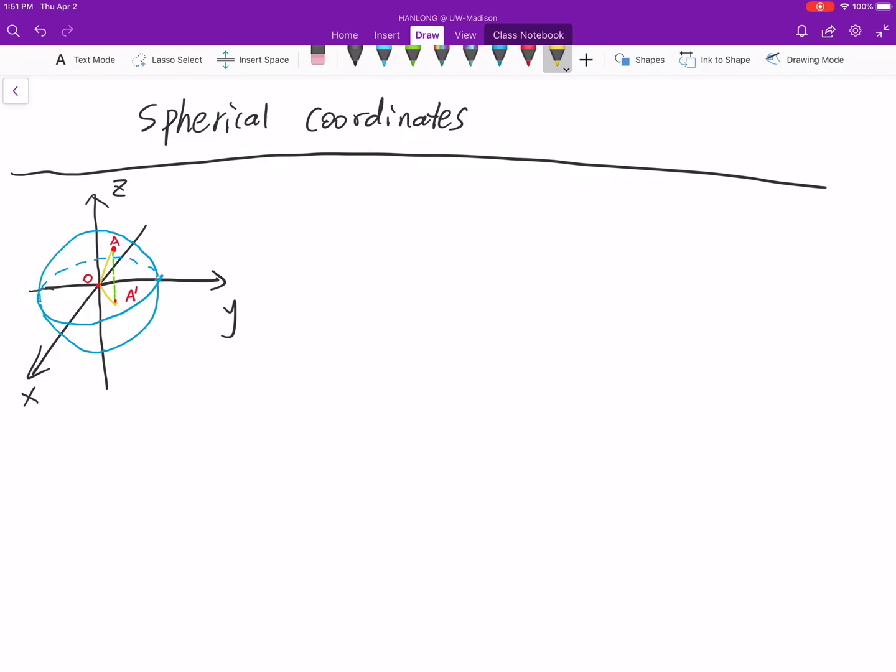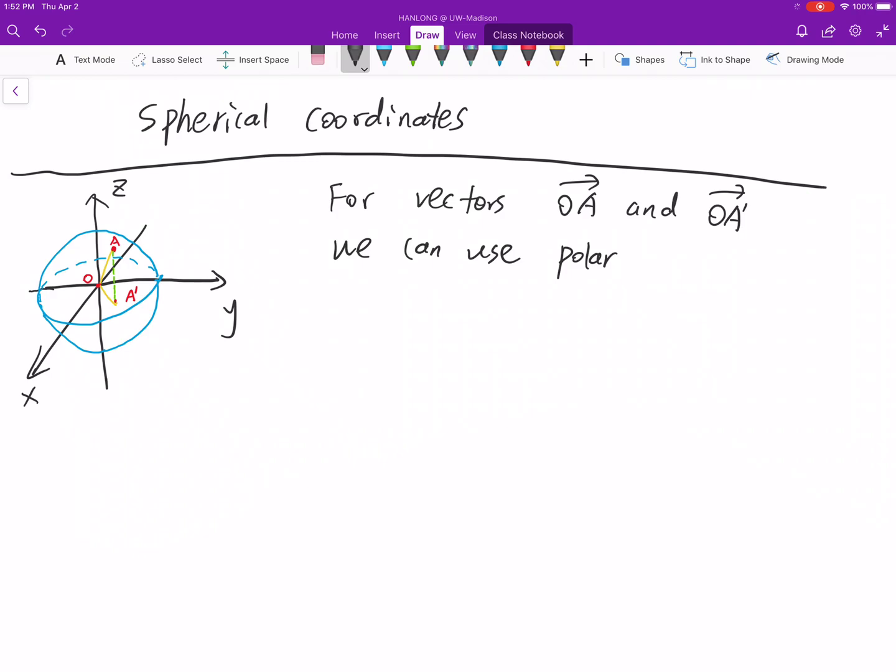Then for vectors OA and OA prime, we can use polar coordinates to parameterize them.